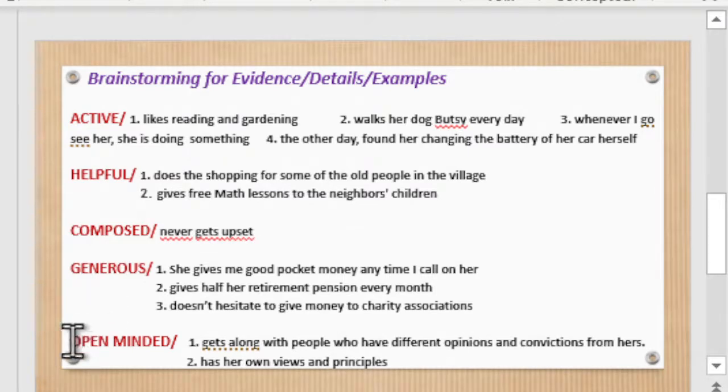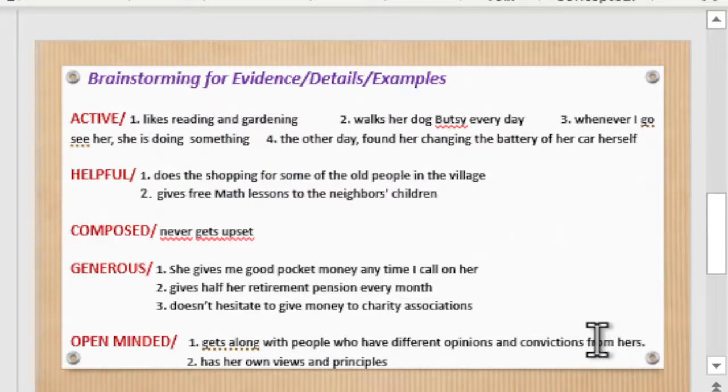Lastly, I said that I like her because she's open-minded. The reader is going to ask you, why is she open-minded? How? What does she do? Well, you need to explain that with examples, evidence, and details. She gets along. She remains on good terms with people who have different opinions and convictions from hers.